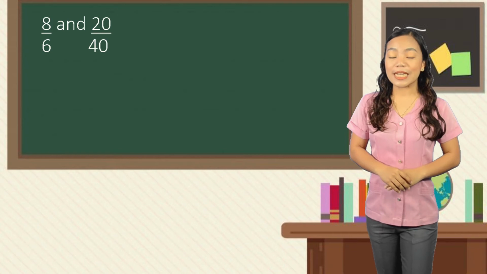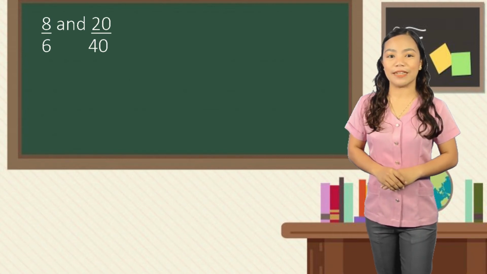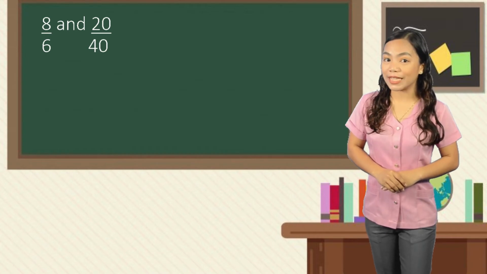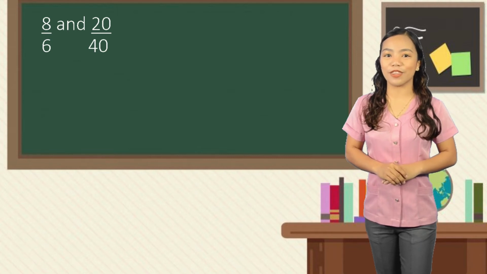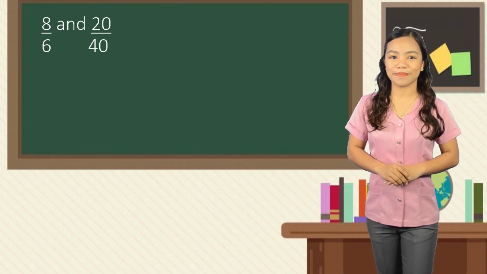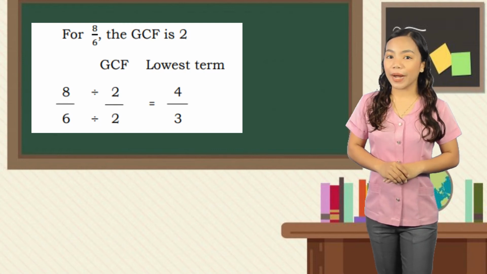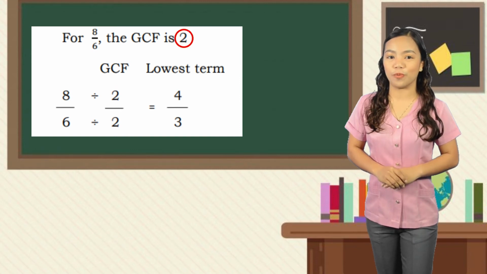How about 8/6 and 20/40? Is this pair of ratios equivalent? Let us find out by simplifying the ratios. For 8/6, the greatest common factor or GCF is 2.